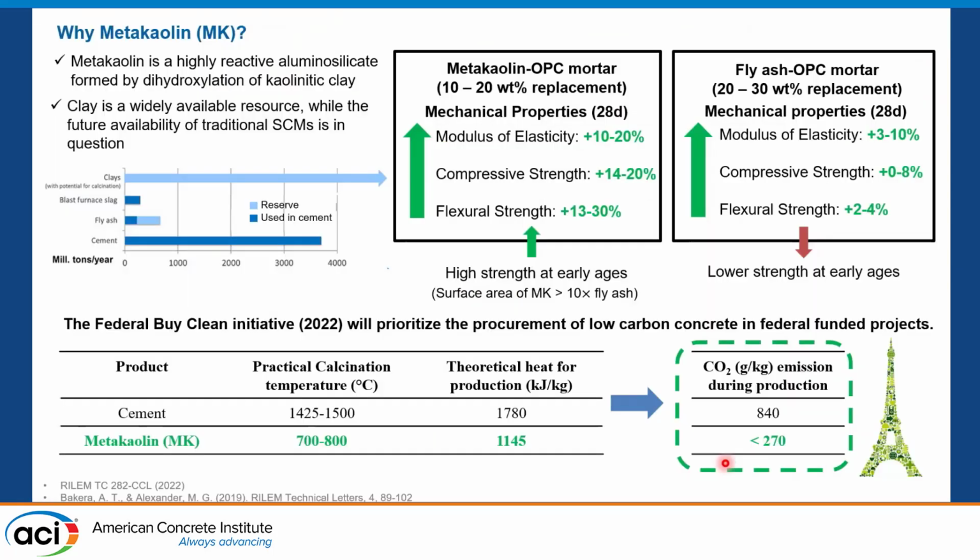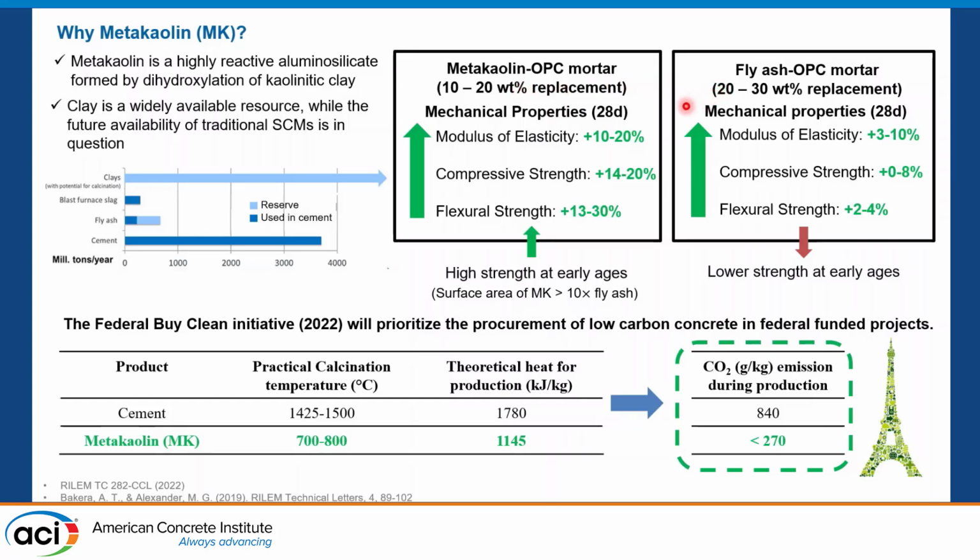To answer that, the addition of metakaolin, as we all know, enhances the mechanical properties of a cementitious mortar. If we compare it with traditional supplementary cementitious materials, for example, right here we have a comparison of the mechanical properties of metakaolin with fly ash.